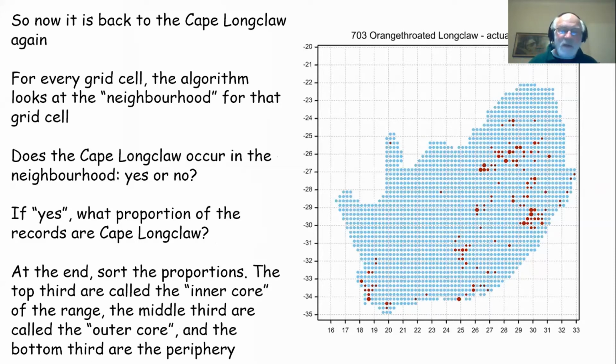And if yes, it says what proportion of the records are Cape Longclaw. It sorts all these proportions, and the top third are called the inner core of the distribution, the middle core, and the bottom third are called the periphery of the distributions. So it doesn't actually use the values, it sorts them into groups, and that way one deals with outliers rather well.